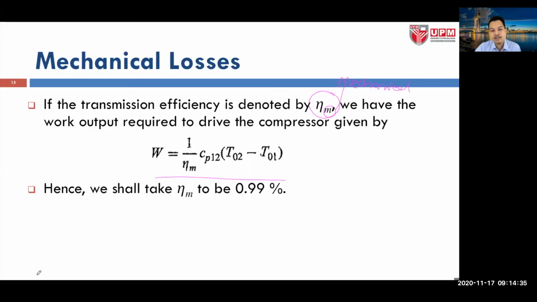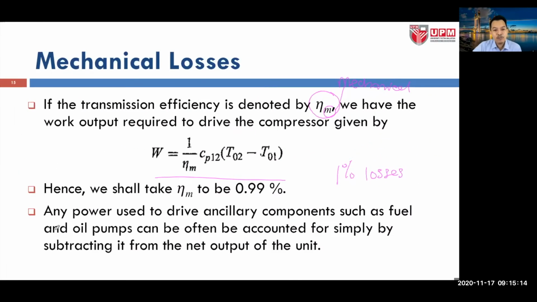Hence, we shall take the transmission efficiency zeta m to be around 0.99, to take account of the 1% loss mentioned earlier. So we just use the value of 0.99 for the transmission efficiency. Any power used to drive ancillary components such as fuel and oil pumps can often be accounted for simply by subtracting it from the net output of the unit.